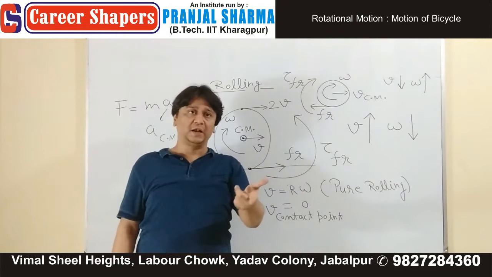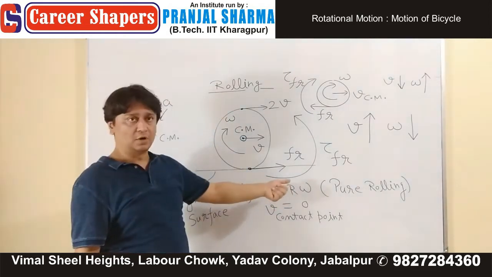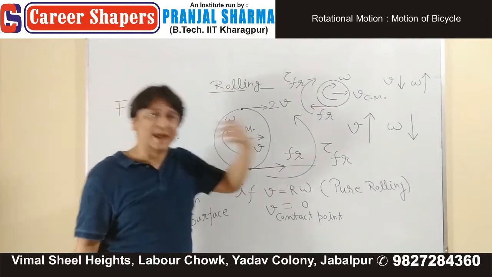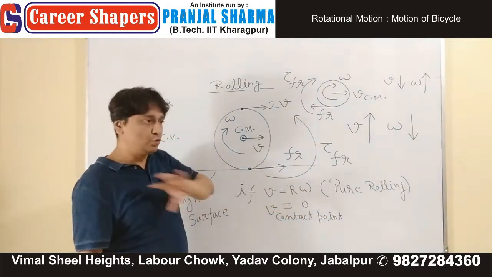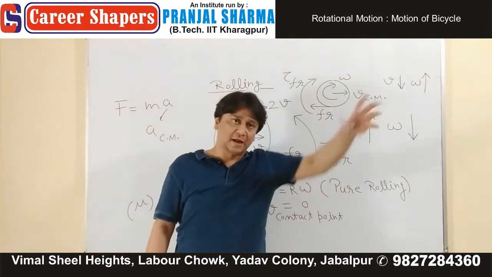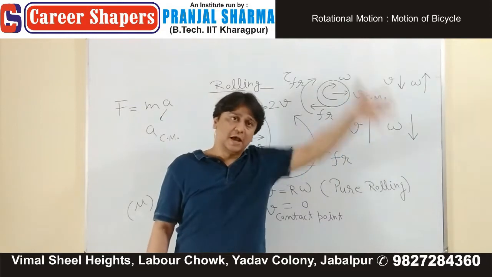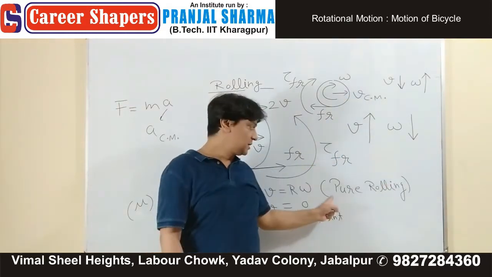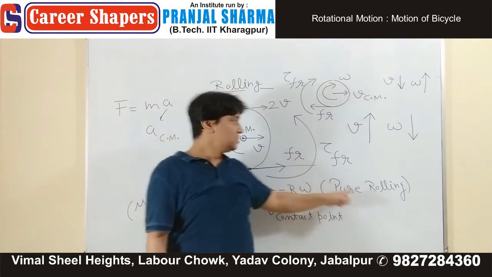We left the wheel in pure rolling mode. This V is something which you gave it. You gave certain velocity and then angular velocity also, and now you put the wheel on a rough horizontal surface. It starts doing what? Pure rolling.